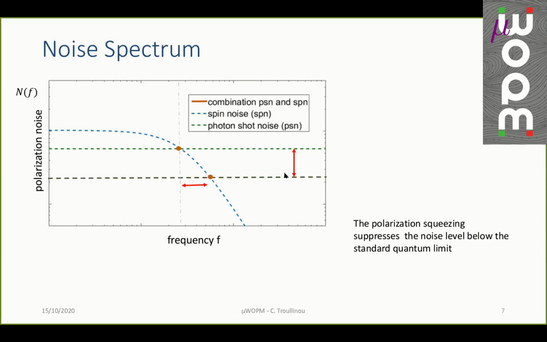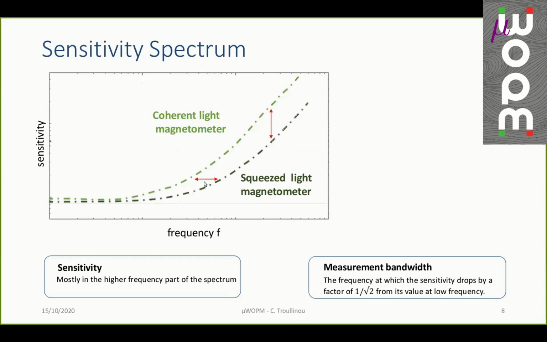One would be that at higher frequency it would be more evident because the combined noise would also lower, but we will also have a different crossover between the photon shot noise and the spin noise, and this would happen at different frequencies. So for the sensitivity, what this would mean is that the point where the sensitivity rises would also be encountered a little bit later in frequency.